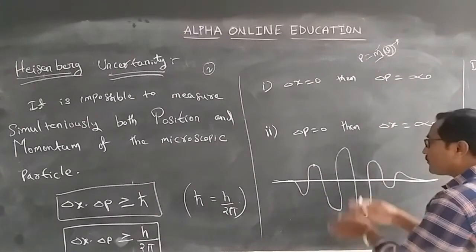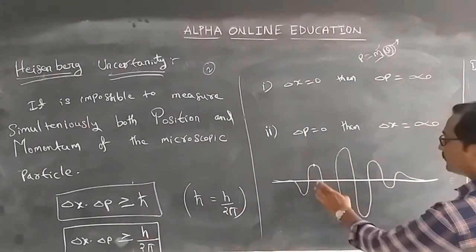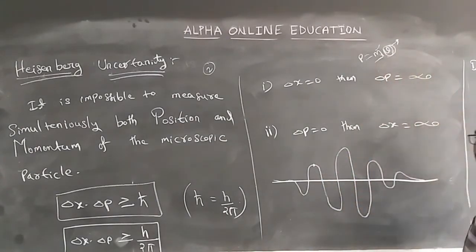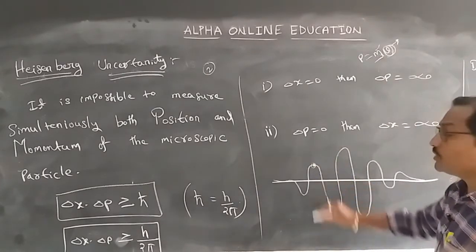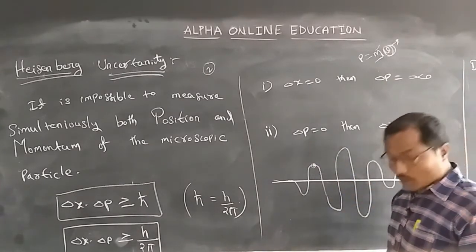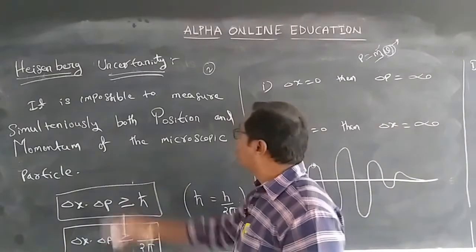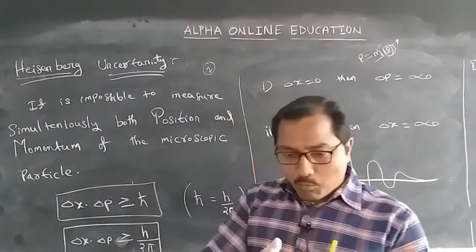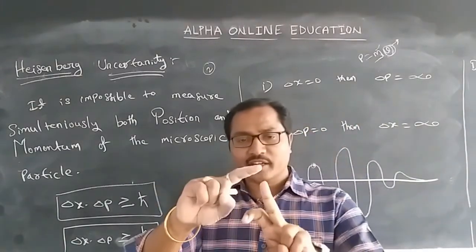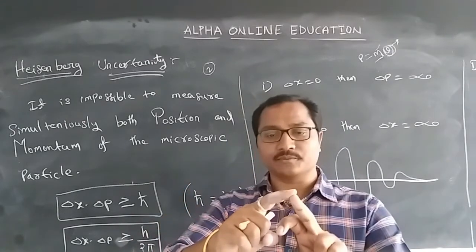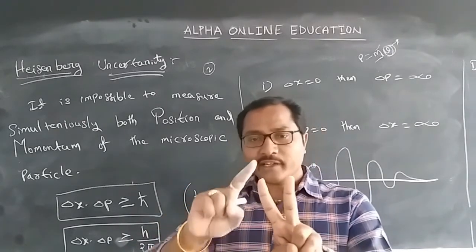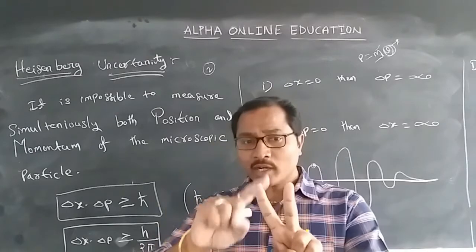If we are going to find the momentum, it means we are calculating the velocity. Then what happened? This position is going to be missing. The same case, both the momentum and the position of the particle, we can identify only one of these two.